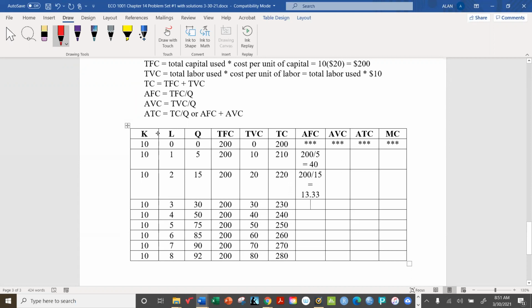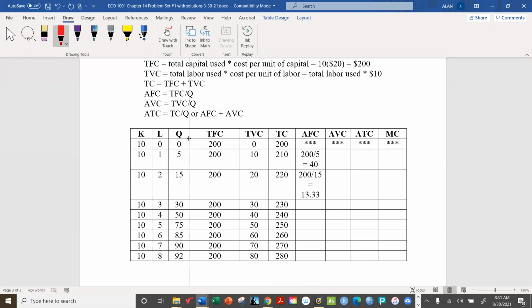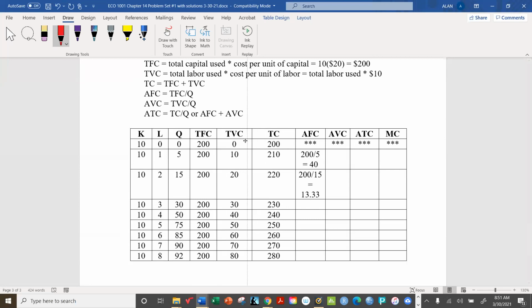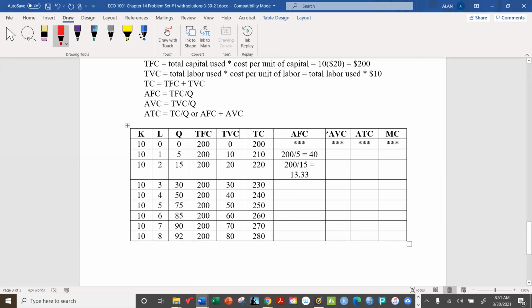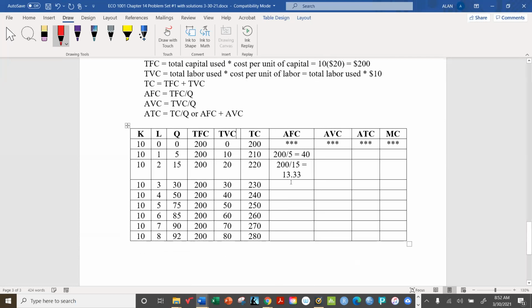I'll have to fix these columns a little bit. I can see that I'm running out of space. All right, that should do it. I need room for the others too. So let's do it like this.